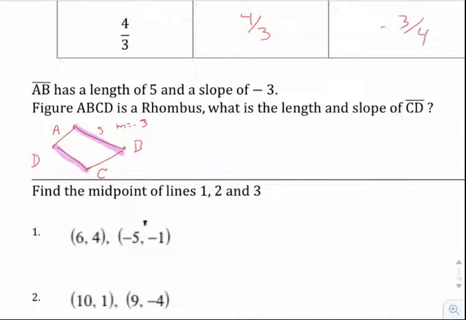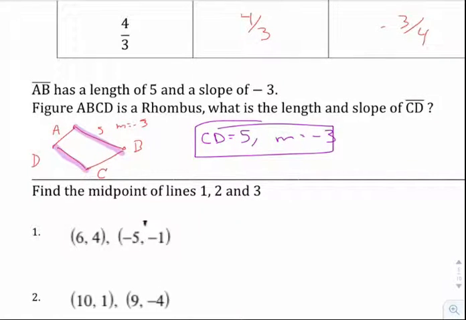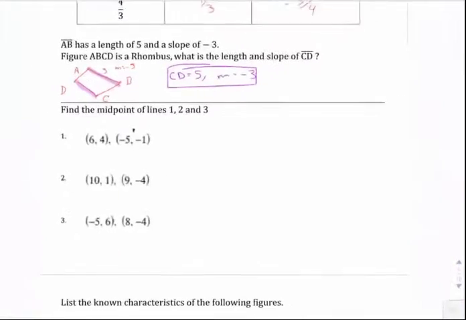First of all, I know that the length of CD has to be 5, and the slope of CD, now knowing that this is supposed to be a rhombus, these are parallel, which means they have to have the same exact slope, so the slope is going to be negative 3 as well. And so again, pro test taking tip, draw everything out. Don't try just to see it in your head, like actually draw the thing out. It takes 2 seconds and then it's much easier.